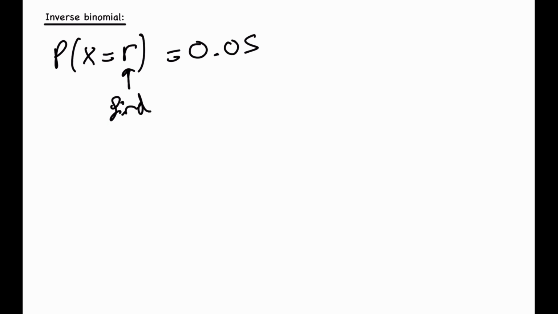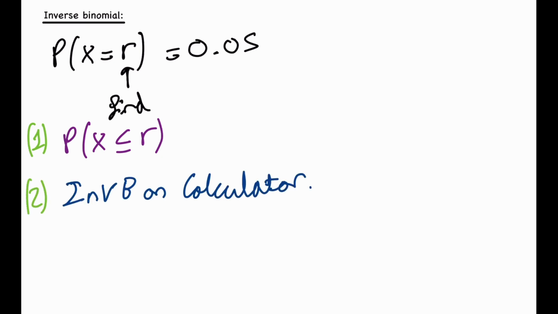The first step would be to leave the brackets inside as P of X is equal to r. So whatever is inside your P of X, you make it like this if it's an inequality. If not, you can just leave it as equal to r. They might give you the inequalities on the outside as well. The second step is just to put it into your calculator, into the inverse binomial. I can show you how to do it on the calculator later when we do a question on it.